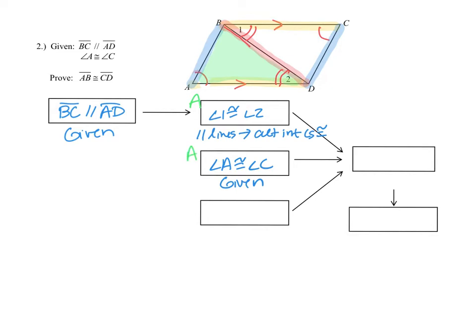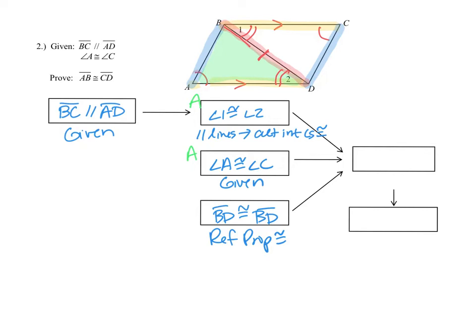The last thing we're going to do is look at the fact that the two triangles share a side, and that segment is congruent to itself. So I'm going to put a tick mark on BD, and then I'm going to state that segment BD is congruent to itself. Okay, and we'll justify that with the reflexive property of congruence.